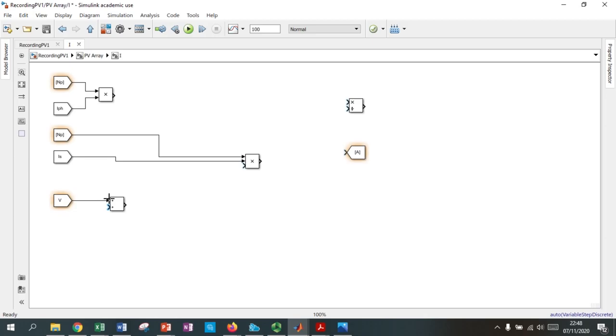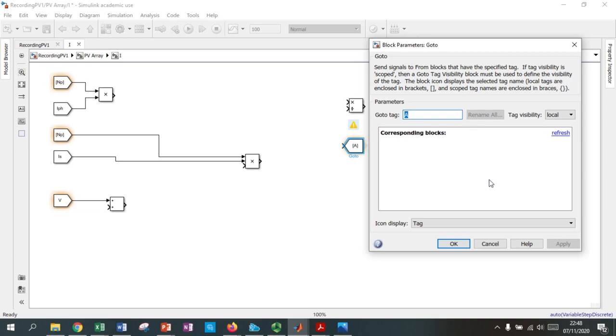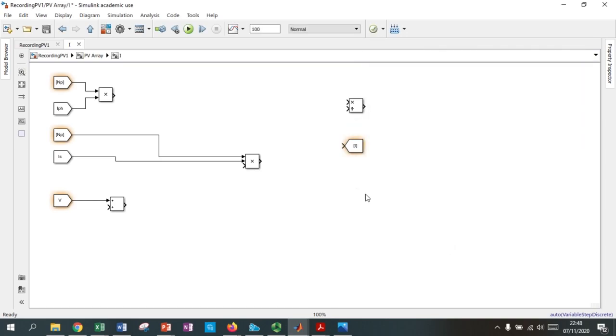Then this is the V. The output of this one is I. This is our output. This is IRS. And we also need RS. So we need to have one thing which is called RS. Control V. This is the RS.